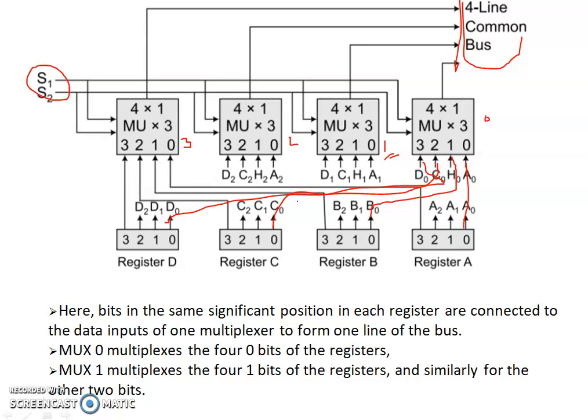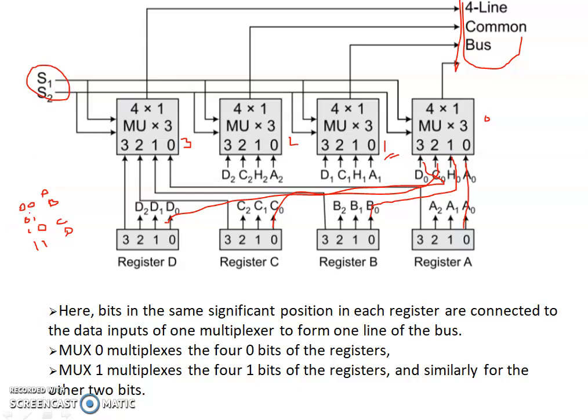Since there are 4 registers, 2-bit numbers will be used: 0 0, 0 1, 1 0, 1 1, where 0 0 represents A, 0 1 is B, 1 0 is C, and 1 1 is D.